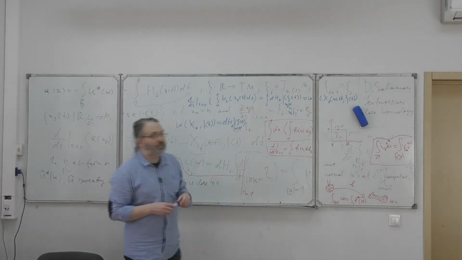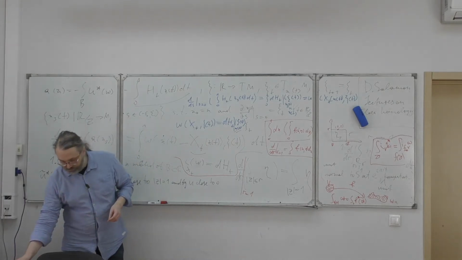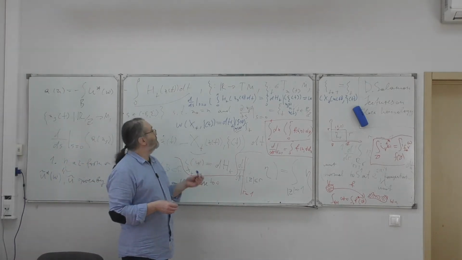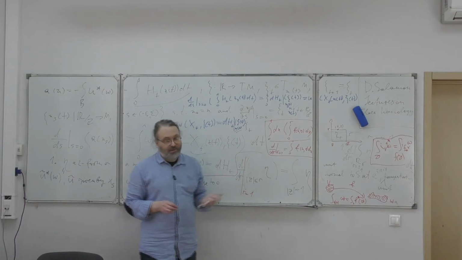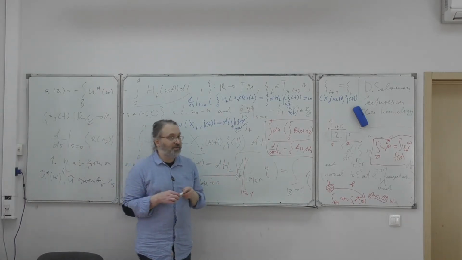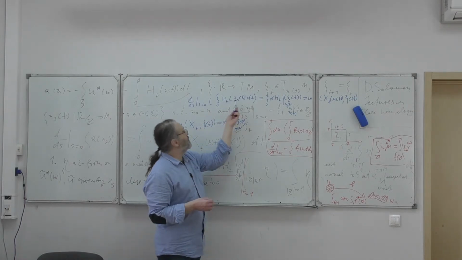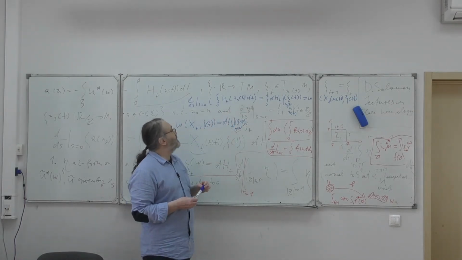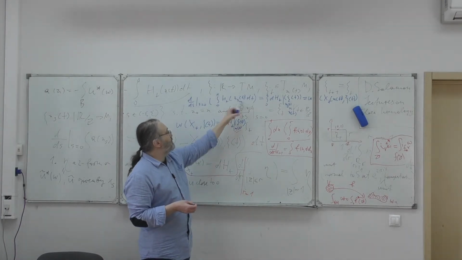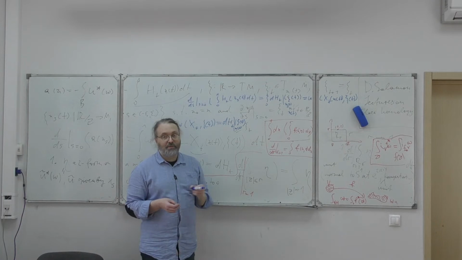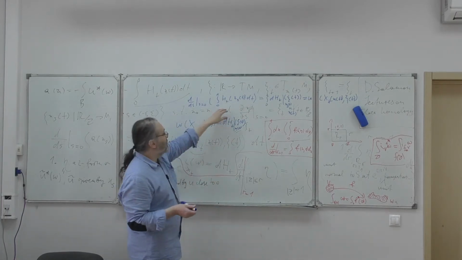Where does this formula come from? So I have some integral and I want to differentiate it. What do I do? Again, everything is smooth, so what I need to do is differentiate this expression with respect to s at 0, and then I just integrate and so on.